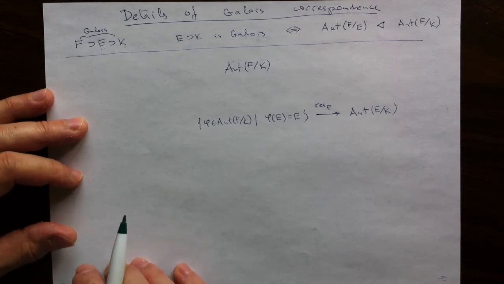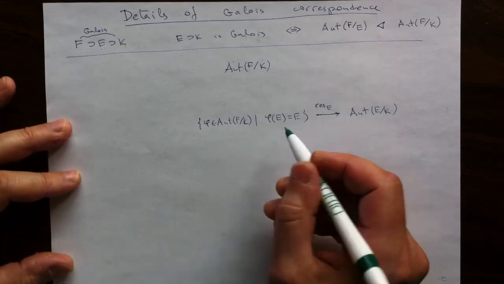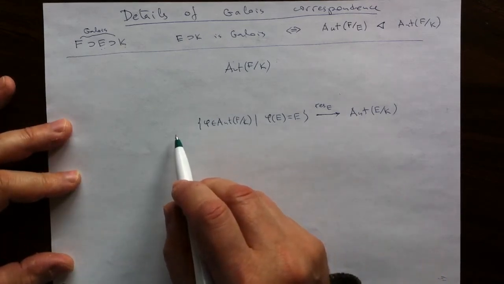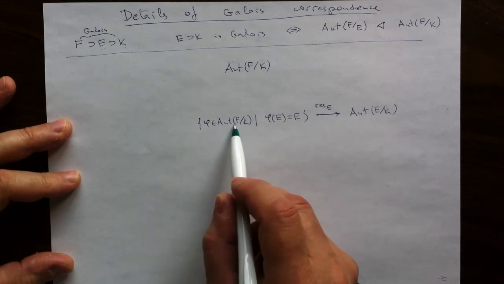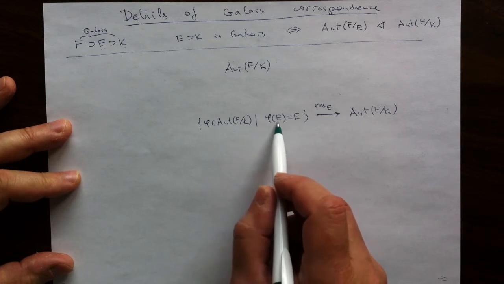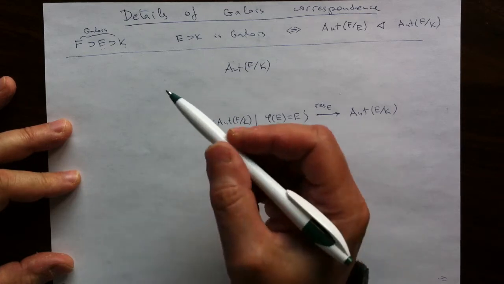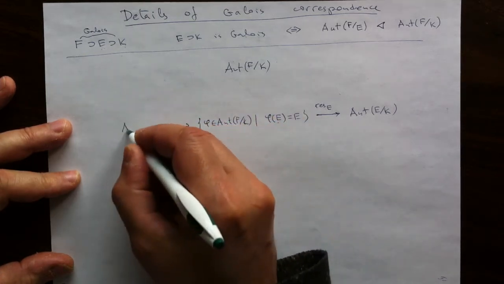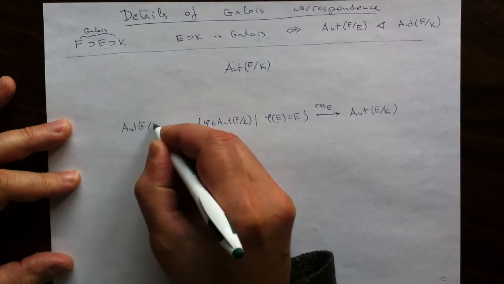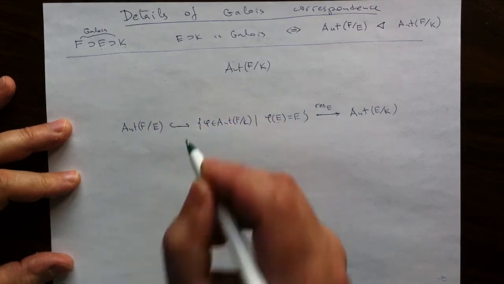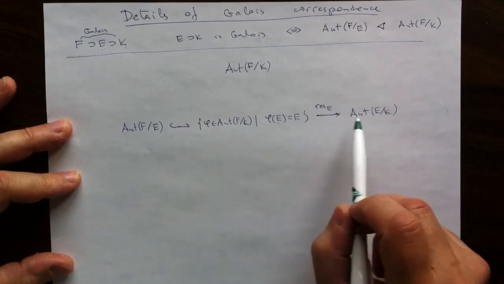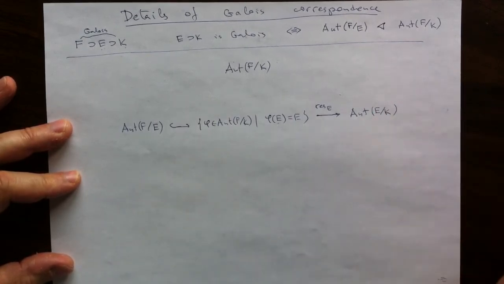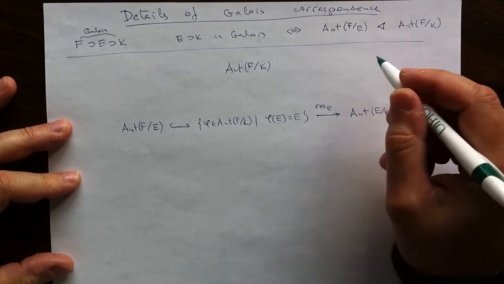Composition works accordingly with this restriction, so we can look at the kernel of this, and the kernel will be symmetries of F which do not move elements of E, and we call them automorphisms of F over E. So that is the kernel.